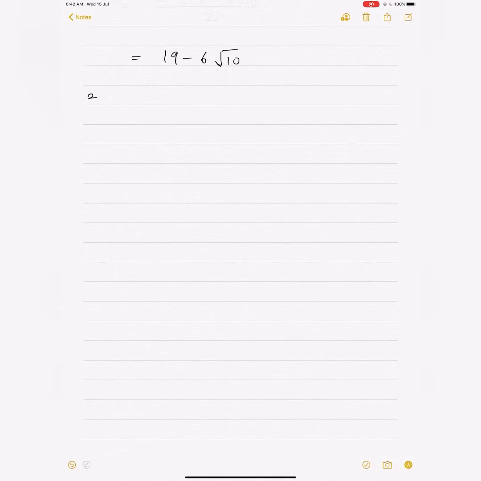In this problem, you are given that 2 plus root 3 upon 2 minus root 3 is equal to a plus b root 3. Now we have to find the value of a as well as the value of b.